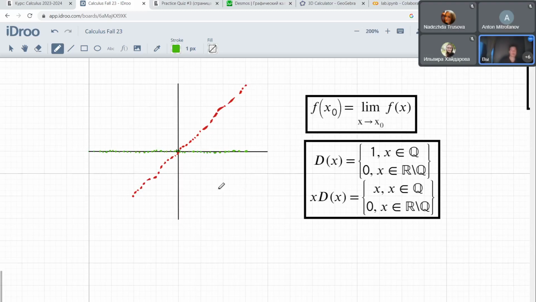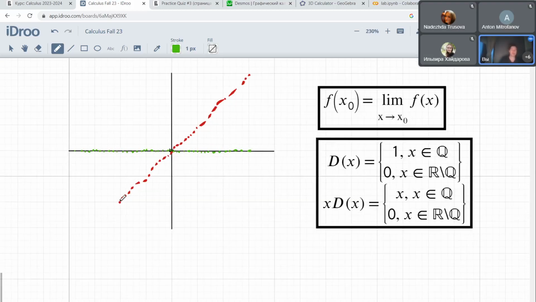So, what can we say about this interesting function? Why is this function good from the point of view of my question? Why is it related to my question about a function continuous at only one point?